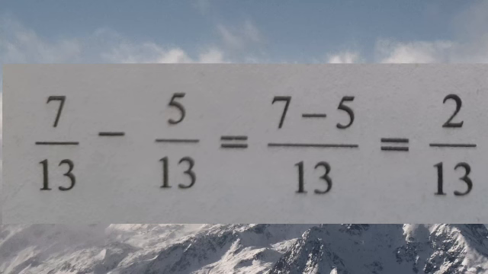That is 2 by 13. So the answer is 2 by 13. What have we done in the above sum? We subtract a fraction from another like fraction. We write the difference of the numerators as the numerator and write the denominator as it is.